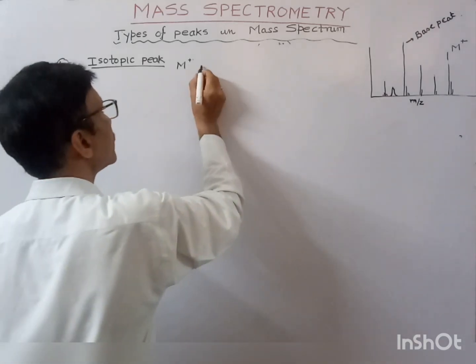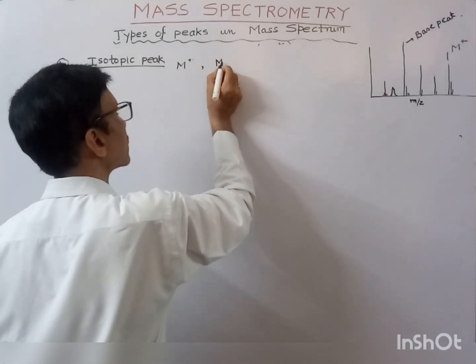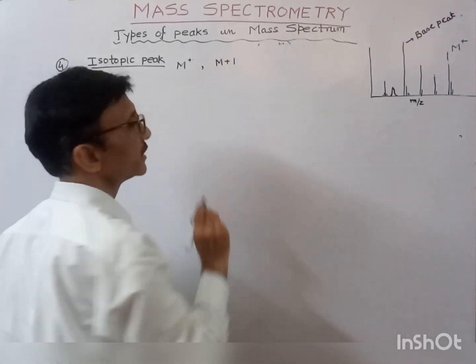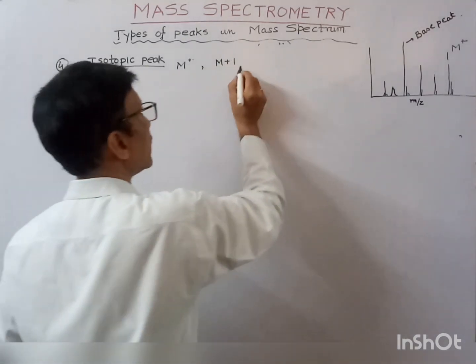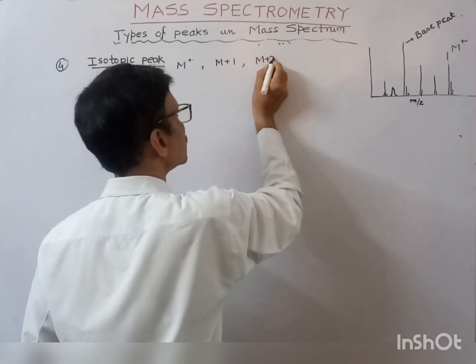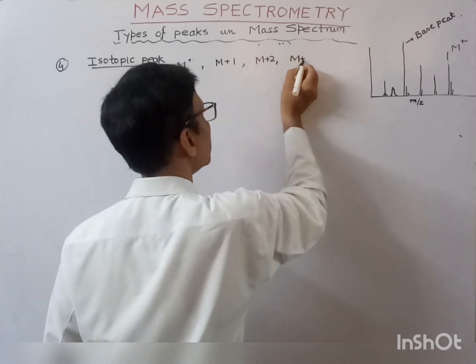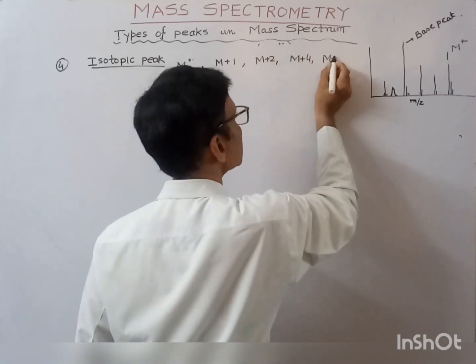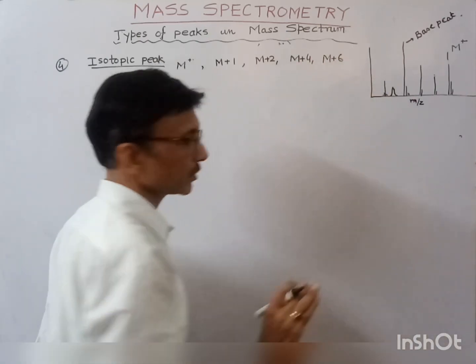Then the isotopic peak will have a mass number greater by 1, say M plus 1, this would be an isotopic peak. Another, M plus 2, may be an isotopic peak, M plus 4 may be an isotopic peak, 4 units higher, 2 units higher, M plus 6 units higher, and so on.